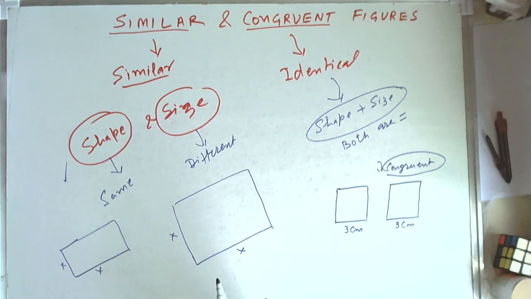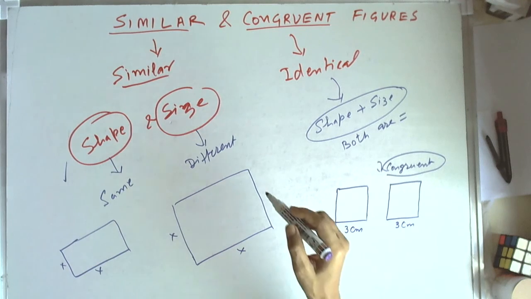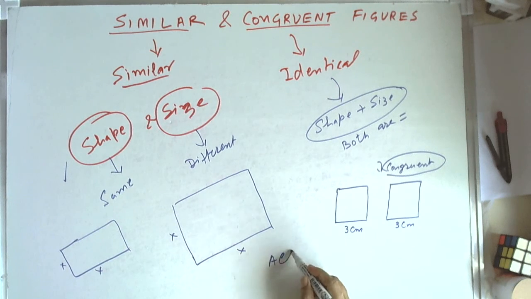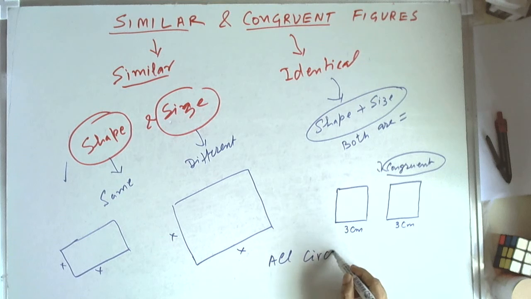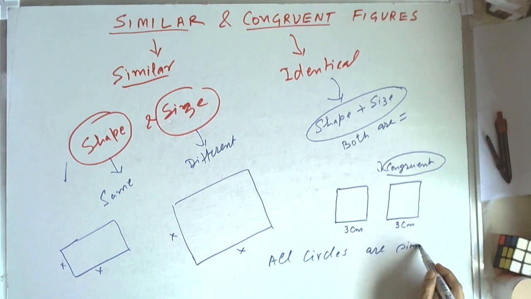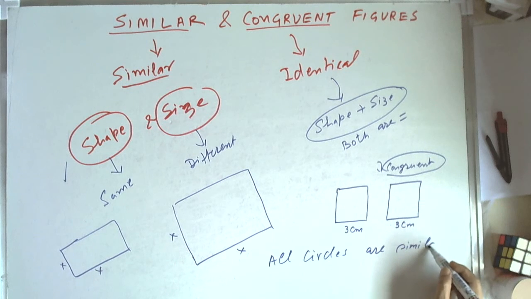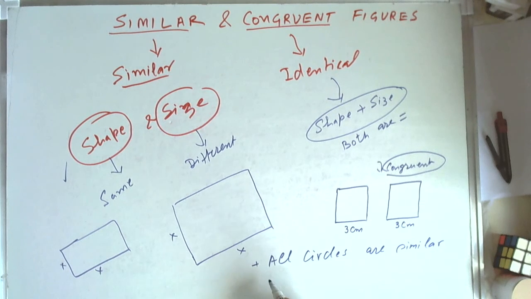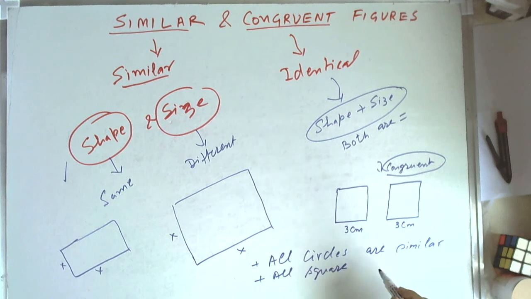Whereas in case of circles, all circles are similar because the shape is always same. Similarly, all squares are similar.